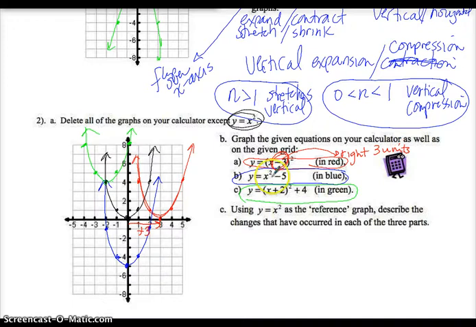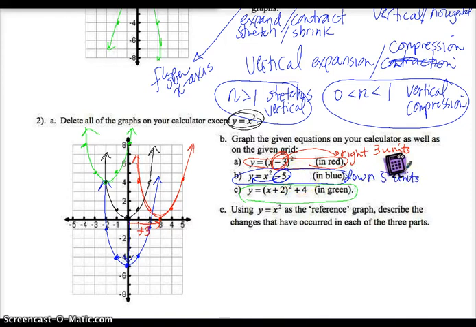And then here, the blue one, this is not grouped in parentheses, only the x is being squared, which means it must be associated with the y. Notice the y value here, -5, it's associated with the y, but it's not on the same side as the y. Therefore, if it's on the opposite side, you actually do what the sign says. It's a -5, so we shifted down 5 units.